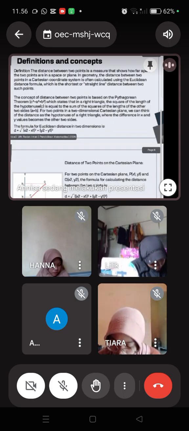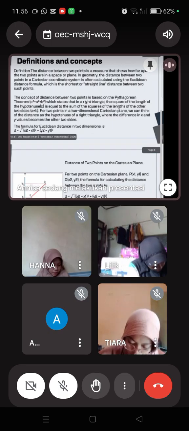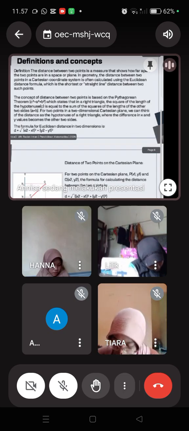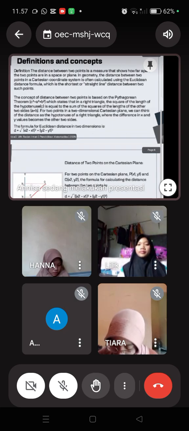For 2 points in the two-dimensional Cartesian plane, we can think of the distance as the hypotenuse of a right triangle, where the difference in the x and y values becomes the other two sides.